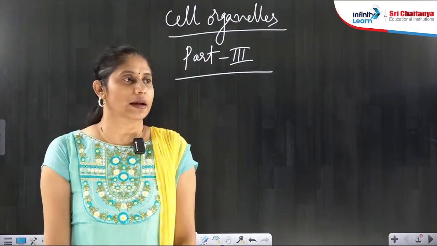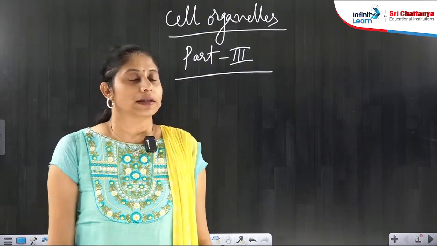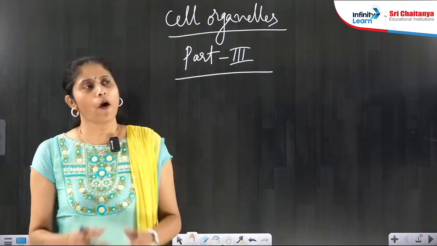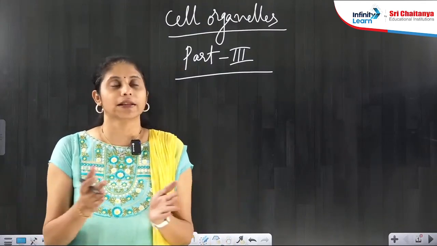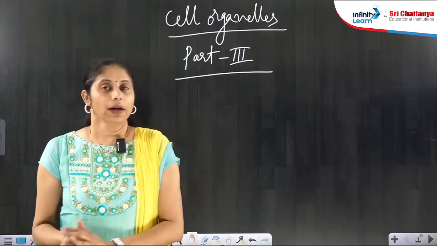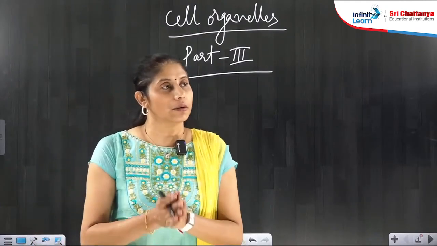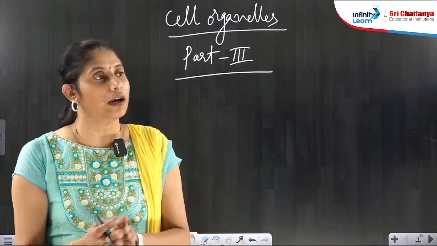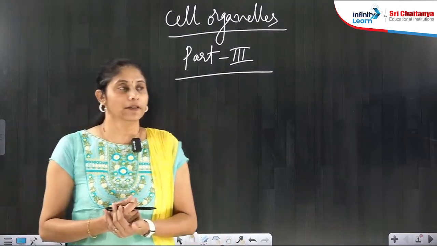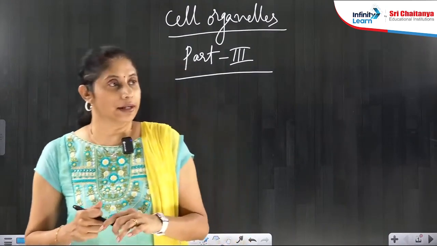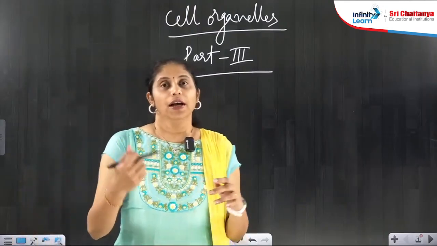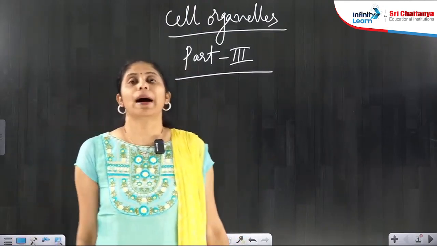Very good, 70S ribosomes. 70S ribosomes are present in all living organisms, whether prokaryote or eukaryote. Ribosomes are the only cell organelles present in all living organisms. Okay, that's enough. I understood that all of you have read yesterday's lesson. Now let us go to cell organelles part 3.